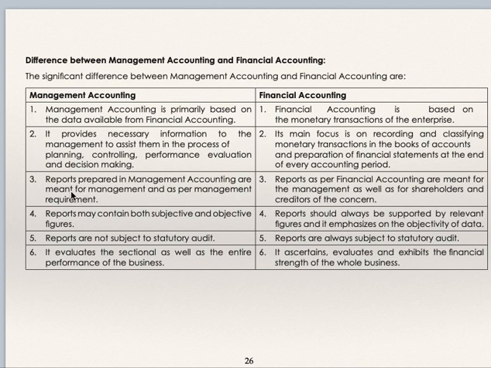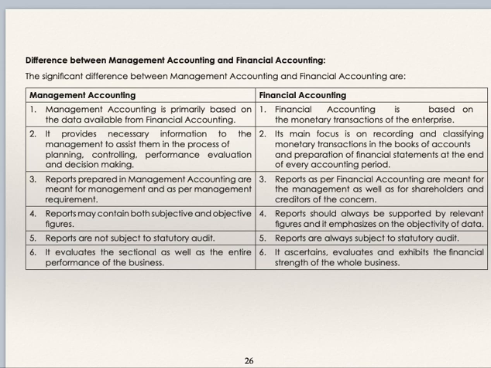Next distinction: reports prepared in management accounting are meant for management and as per management requirement. Financial accounting reports are meant for management as well as for shareholders and creditors.